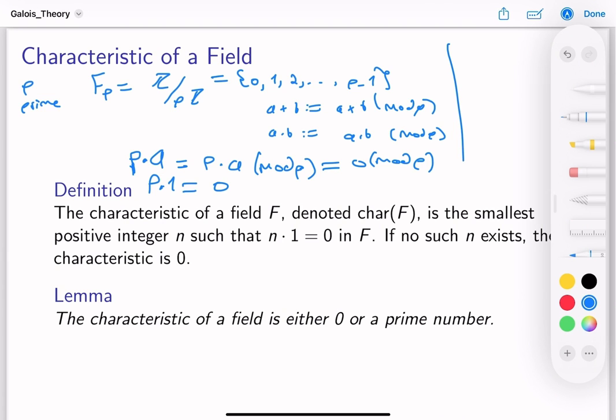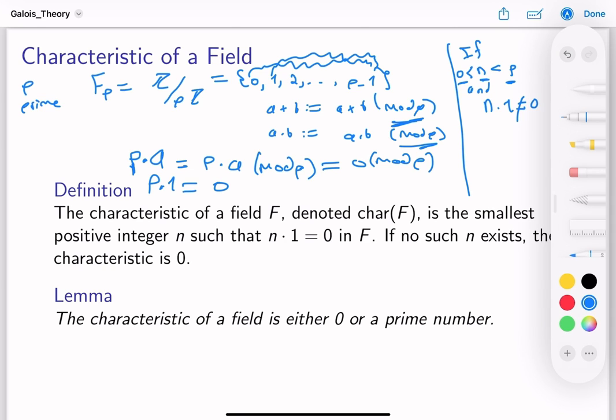Because let's say n is strictly positive and strictly less than p. It can't be the case that n dot 1 is 0, because these elements are strictly less than p, so they are actually the reduced residues mod p, and they don't reduce to 0.